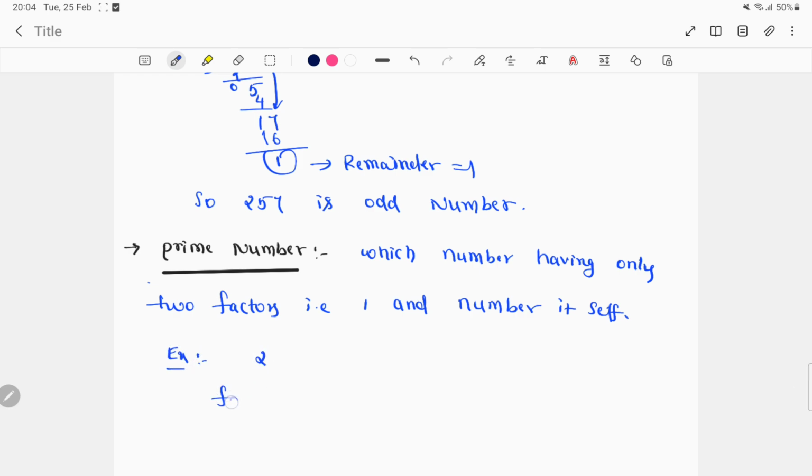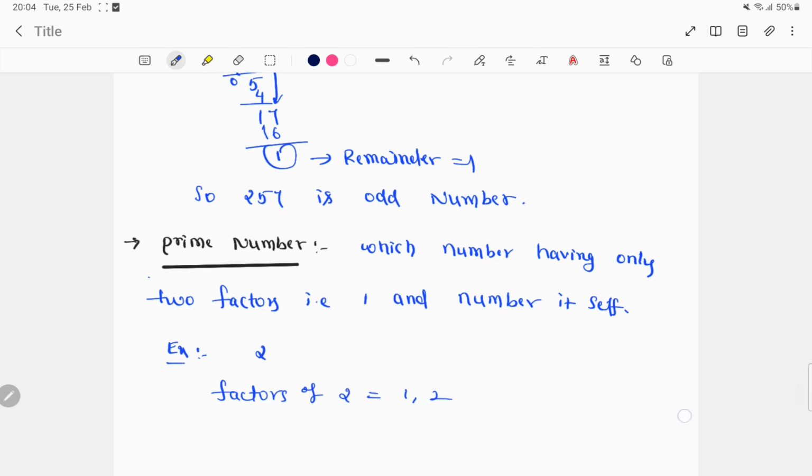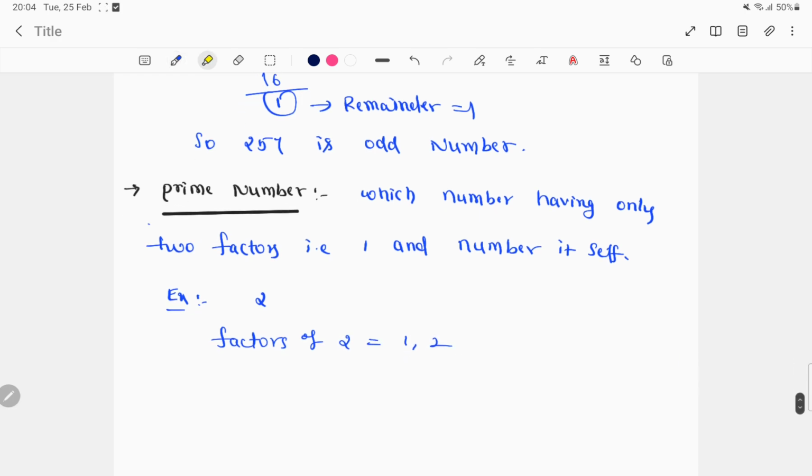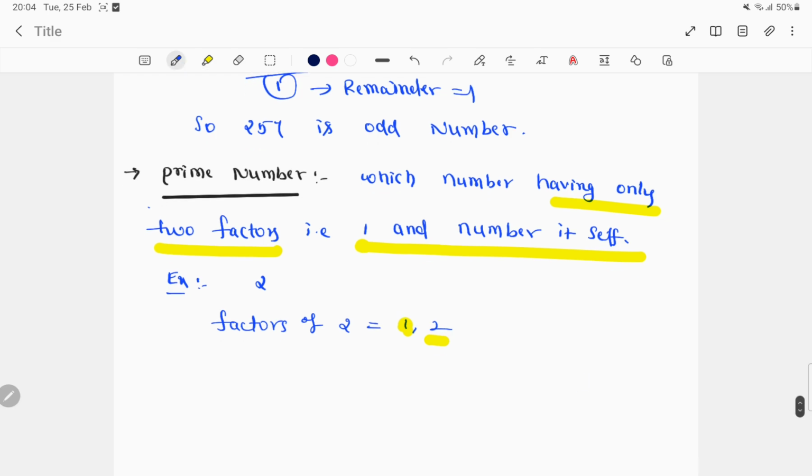So factors of 2. What is a factor? Which numbers divide exactly. So factors of 2 means 1 table and 2 table. So only 2 factors. The number which has only 2 factors, 1 and the number itself. Here the given number is 2. So it is a prime number. So 2 here is a prime number.